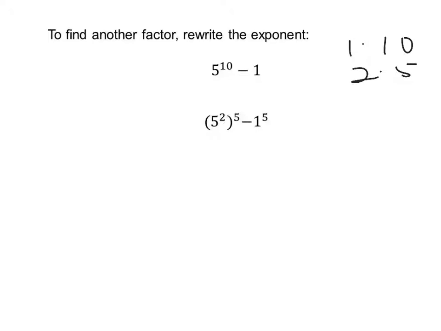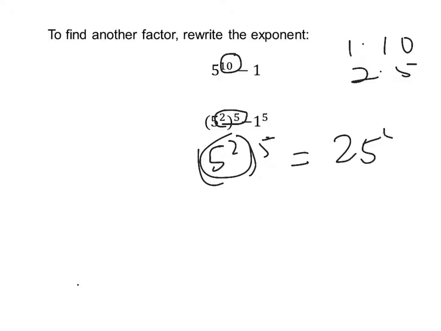And that's how we're able to break this up into 2 times 5, so that what's inside here now is 5 squared to the power of 5, which is 25 to the power of 5 minus 1 to the power of 5.